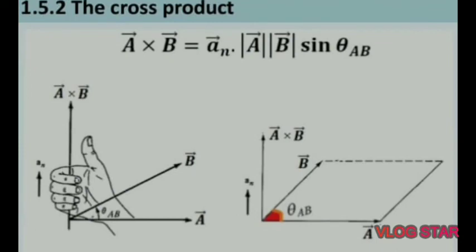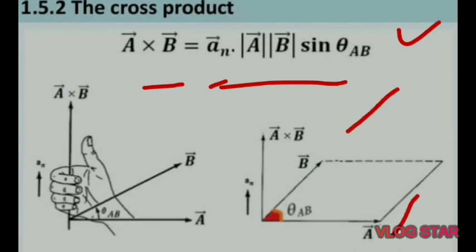In a similar way, if we consider the cross product, then we write A bar cross B bar is equal to AB sin theta into AN bar. This AN bar represents the direction and theta is the angle between A bar and B bar vectors, where mod of A and mod of B show the magnitudes of A bar and B bar.